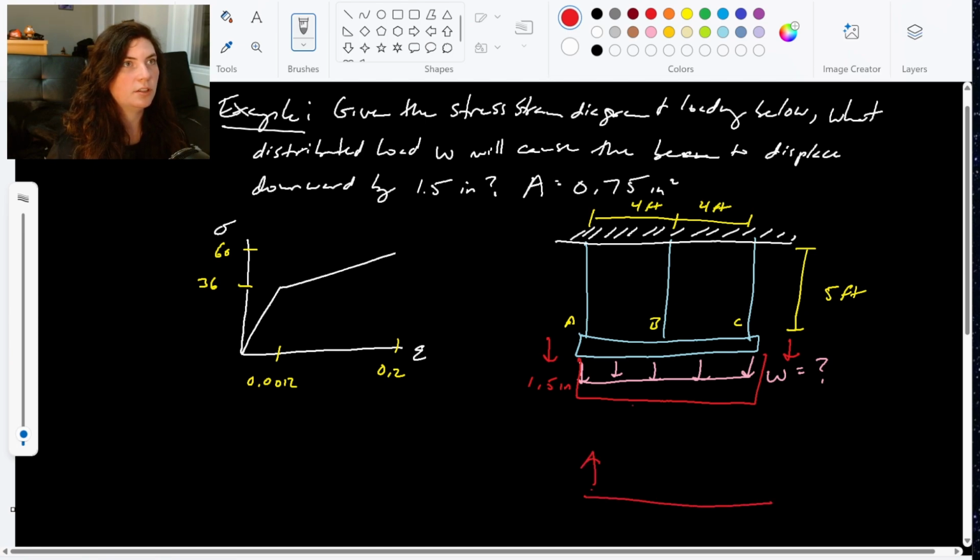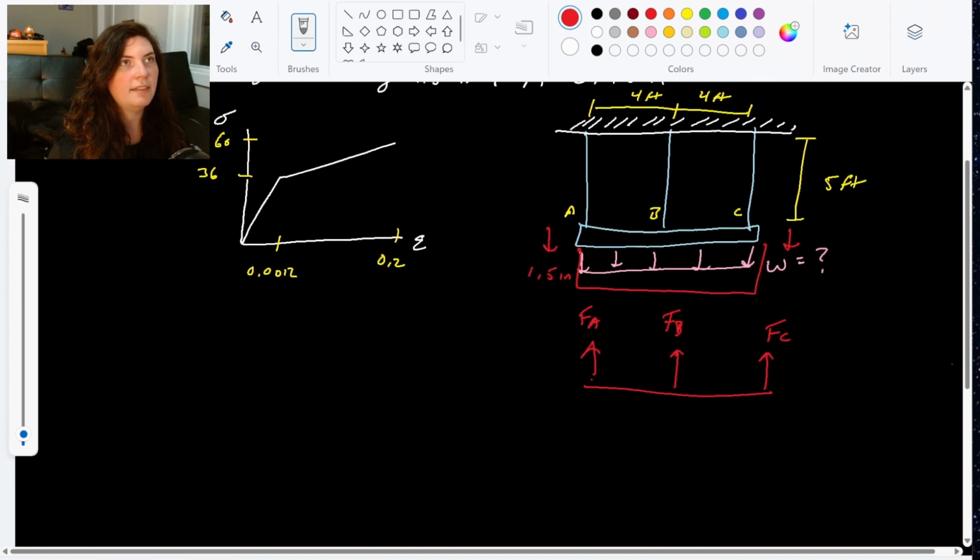We have FA, FB, FC, and then if we were to hypothetically simplify that distributed loading, it's on the bottom there, the resultant force would be right in the center, right, because it's a rectangular distributed load.